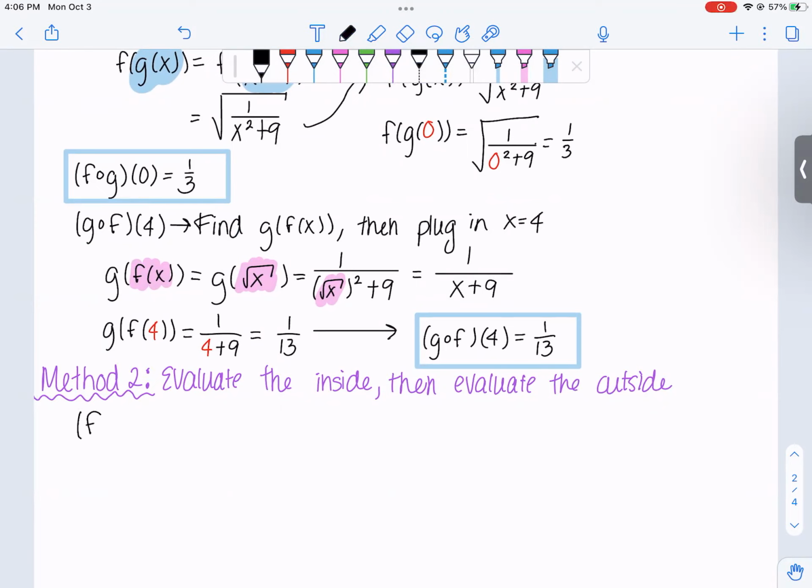So for f composed with g of 0, the way that this would work, you would rewrite this as f composed with g of 0. And we would find g of 0.